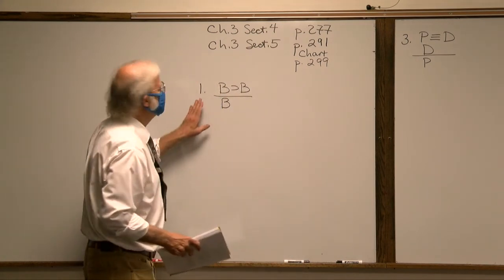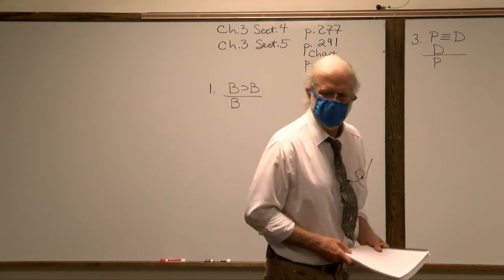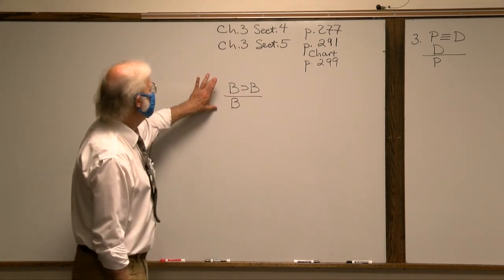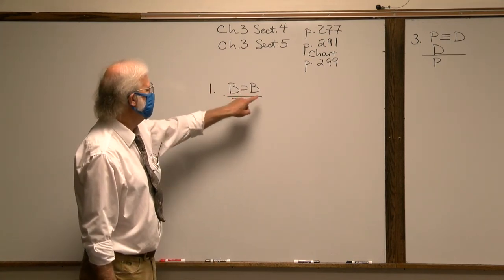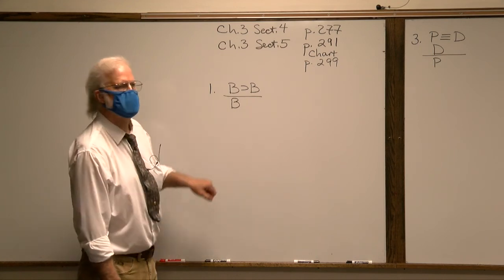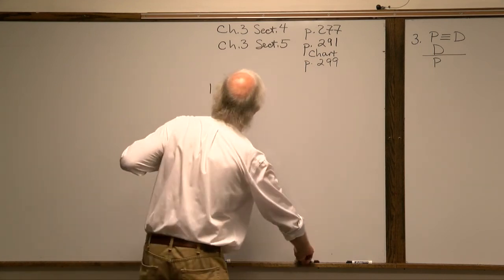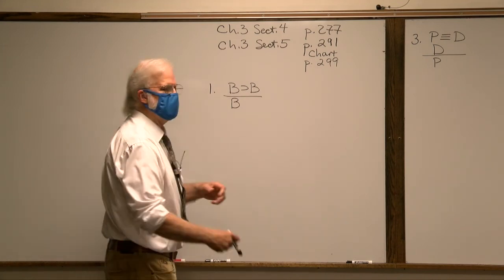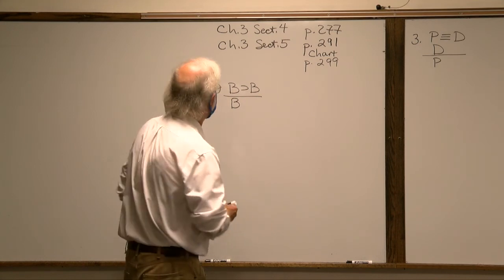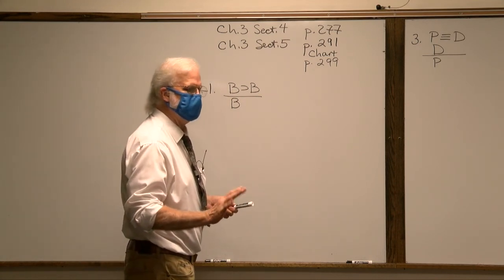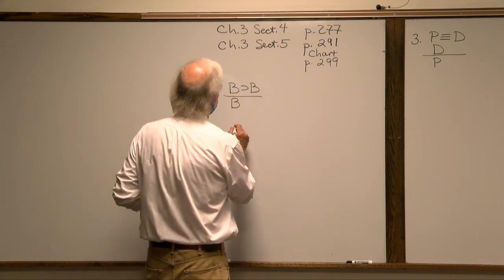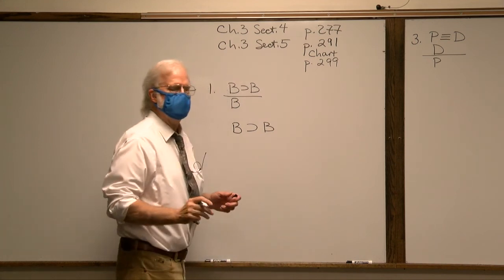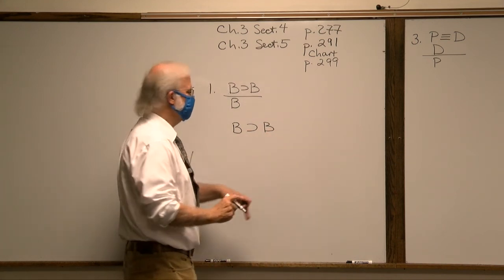Number 1 on page 299 is presented in what we call standard form. What we have here is an argument with the premise above the horizontal line and the conclusion below it. This is how the argument will be presented to you, say on a test or in any of the practice exercises. What we do is to turn it into a truth table by writing all of the premises and conclusion on a single line.